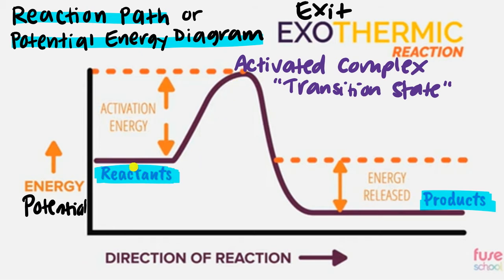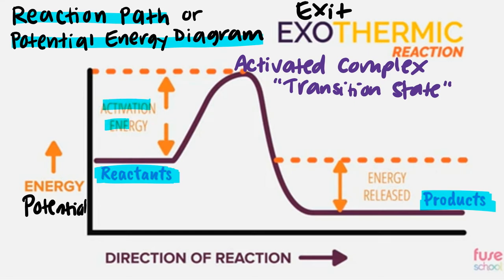So notice here that the reactants have to gain potential energy in order to reach that activated complex and to start turning into those products. So there's a certain quantity of energy that all of our reactions have to gain in order to start. And this quantity of energy, as I labeled here, is called the activation energy.